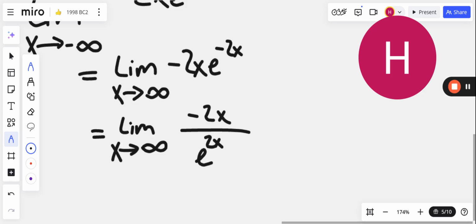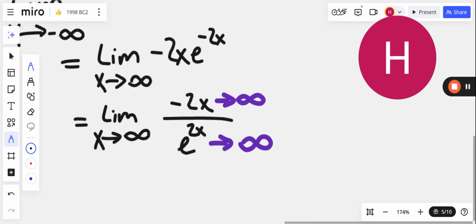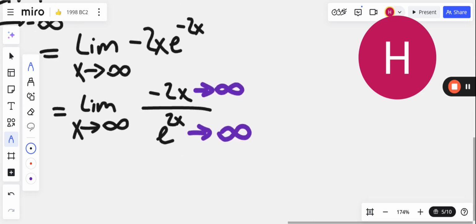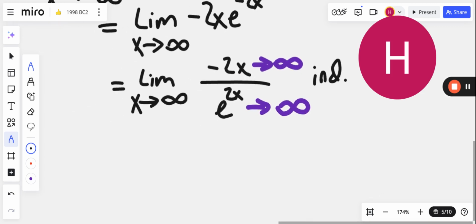Now you should know that e grows much faster than a linear expression. So this is going to a very large value of infinity, in a sense faster than this is going to infinity. Because this is going to infinity over infinity, it's technically an indeterminate form, and you could use L'Hopital's rule.